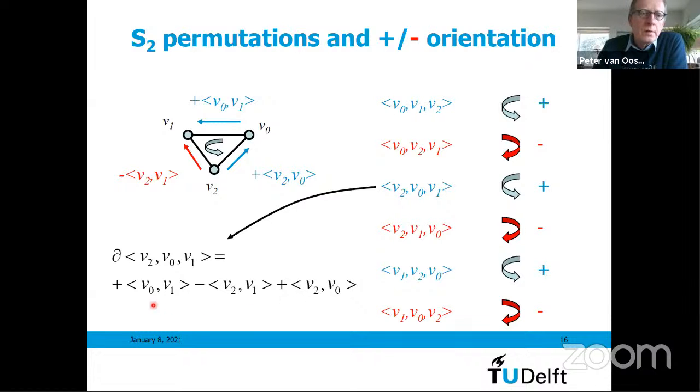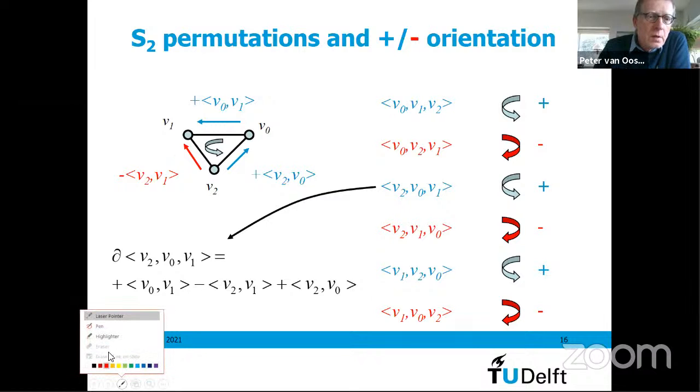And if we look at these elements, V0, V1 with a plus is this direction. Then the second one is V2, V1 with a minus. That means in this direction, but we have to reverse it. So actually, at the end, it is going in this direction.